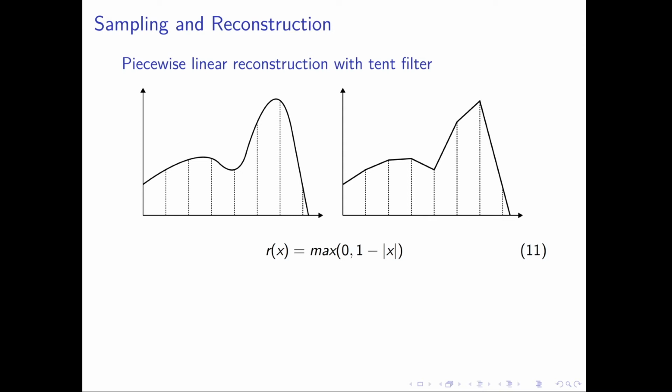That also means that the support of the filter needs to be wider, which effectively makes us take more of the neighboring sample values into account when computing the reconstruction, right? When we want to reconstruct a point on this line segment, we do this by computing derivatives, and for those derivatives, we don't only need the value of one sample point.